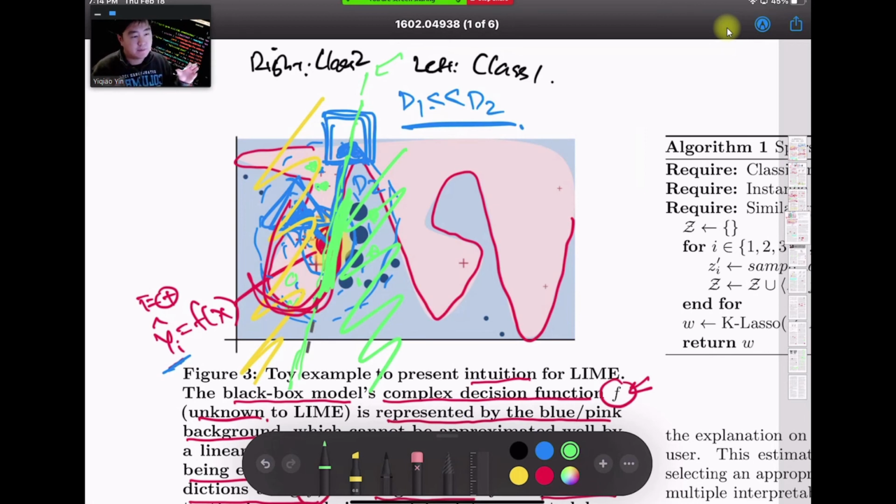And that's really how LIME investigates what's going on locally at this instance and how this point consists of features that contribute to the final prediction, y hat, that's coming out of this black box algorithm F.